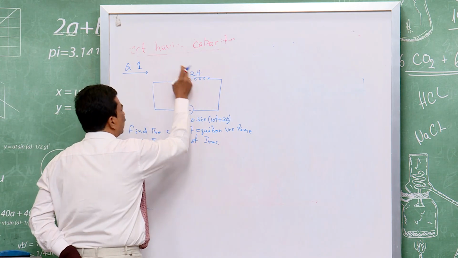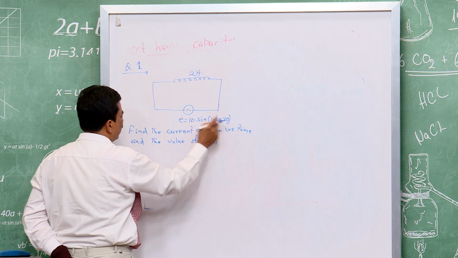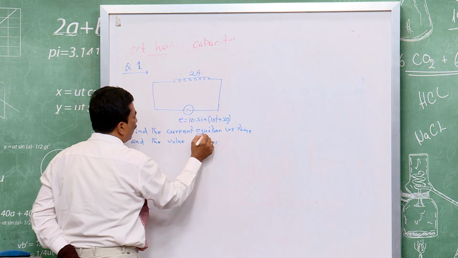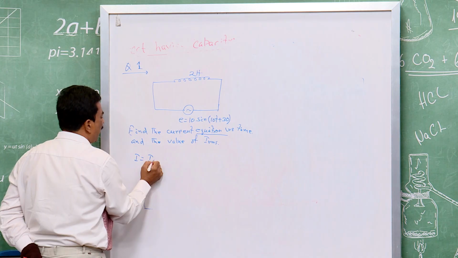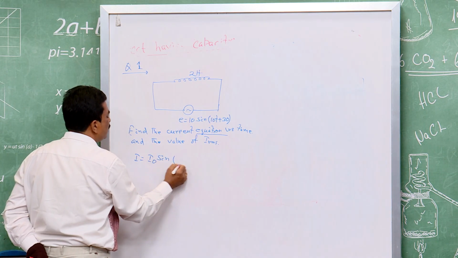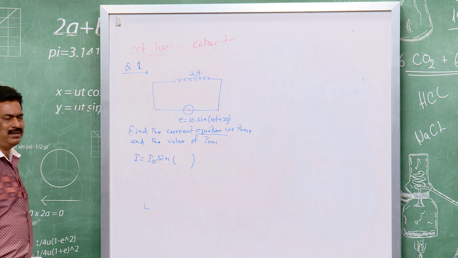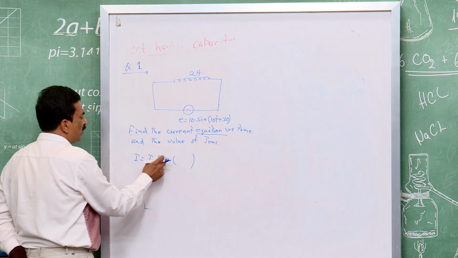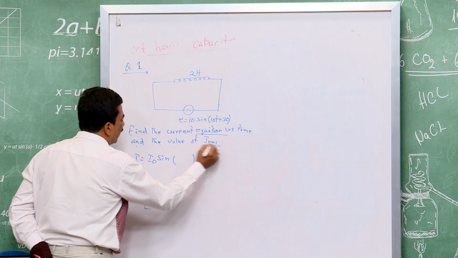So, this is the inductor as we have drawn in the diagram. E is equal to 10 sin(omega t plus 30). The question is to find the current equation. Current equation means we have to find I equals I0 of something. The second one is to find the IRMS.